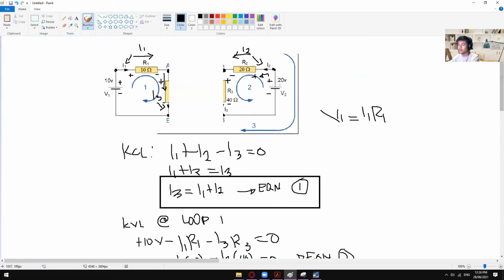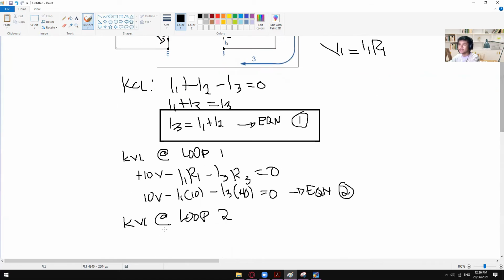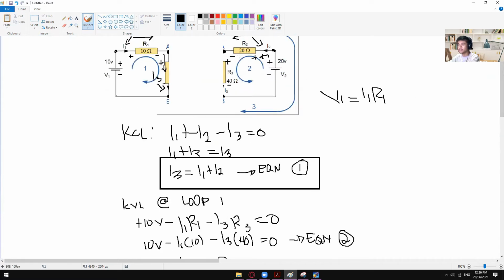So again, I always consider the leading part or leading sign. So we have here positive 20 volts. Okay, then of course it's now minus since we have a voltage drop on the R2. So this one will become I2 times R2.